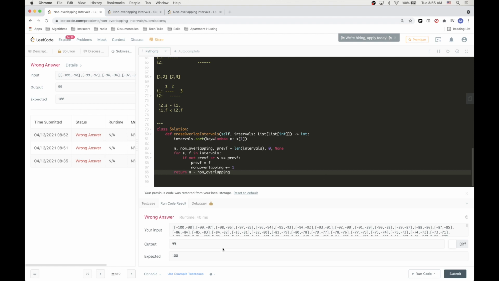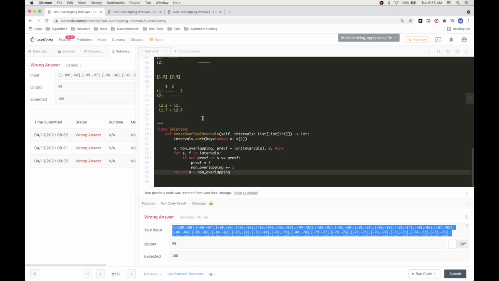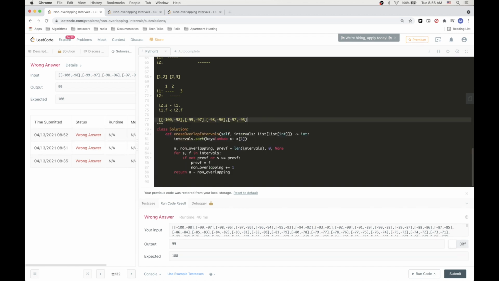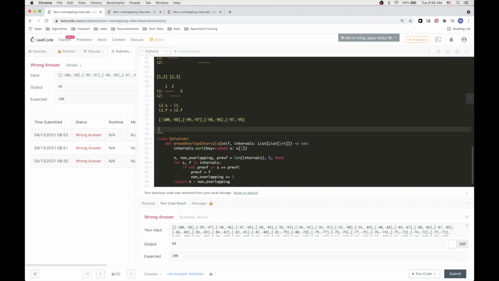Or maybe it's because of negative values, right? Because, yeah, for negative values, so let's just cut it to something like this. Okay, so for negative values, 98 and 99 are indeed overlapping, but this one and this one are not, so these should be counted.